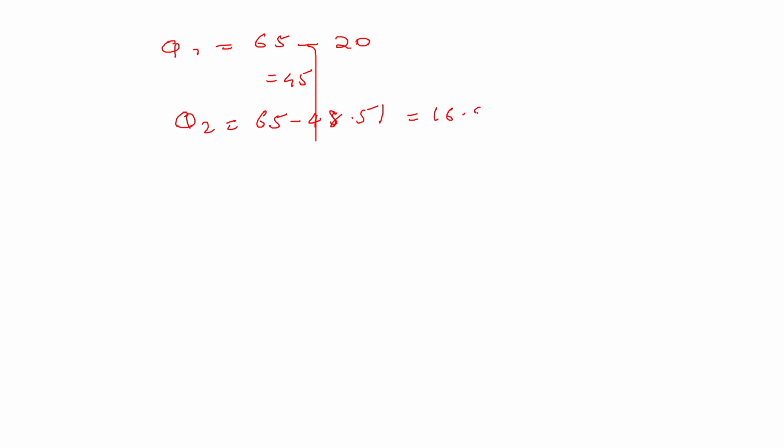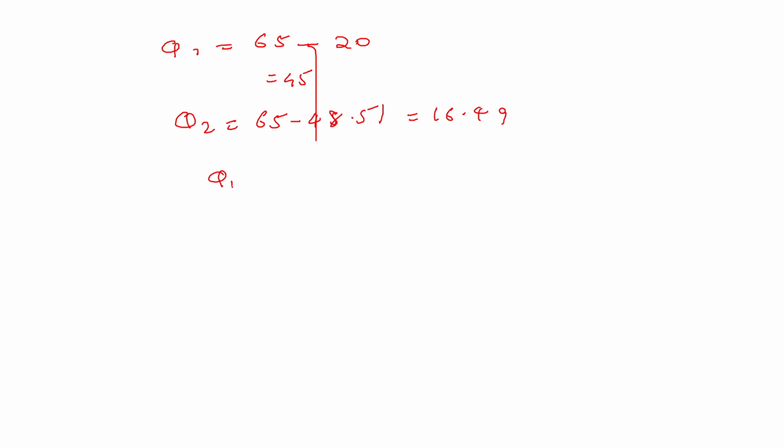Okay, now if you have TC2 value, from there you can get delta T1 is equal to 65 minus 20, so it will be 45. Now delta T2 will be 65 minus 48.51, so it will be 16.49.